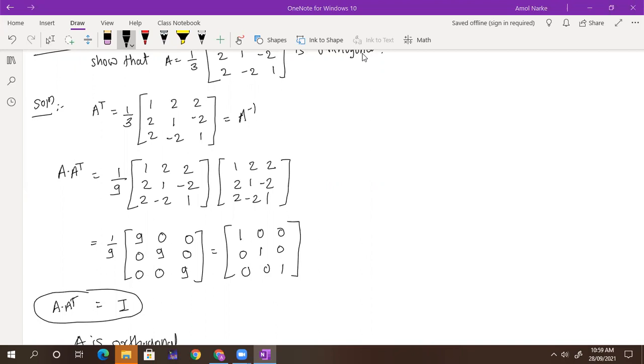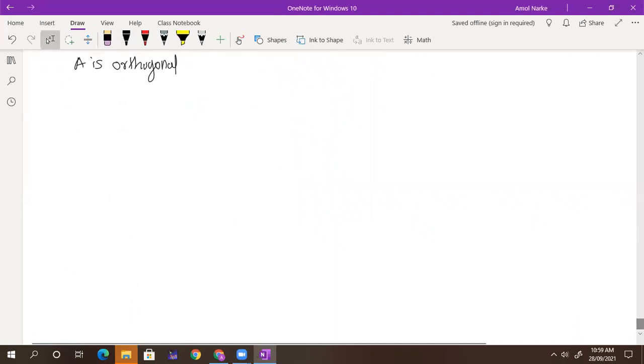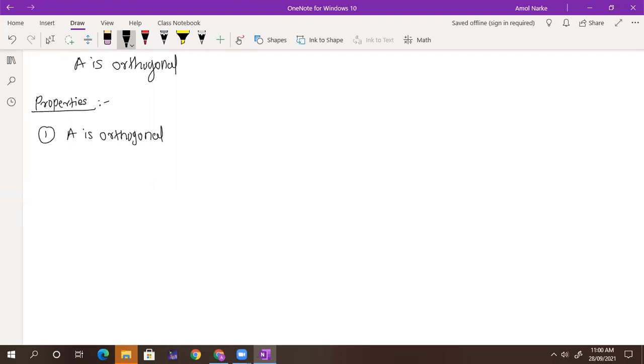So write down 2 or 3 properties we have for this. Okay. Number 1, properties. Number 1, A is orthogonal. What does this imply? A into A transpose is equal to identity.